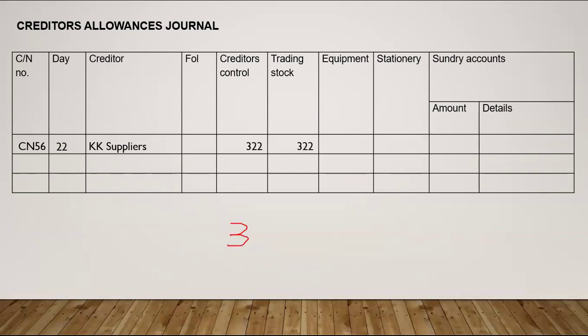I took the 3,220 and I just multiplied it by 10% and it gave me 322. That's how I got this 322. Let's keep moving.